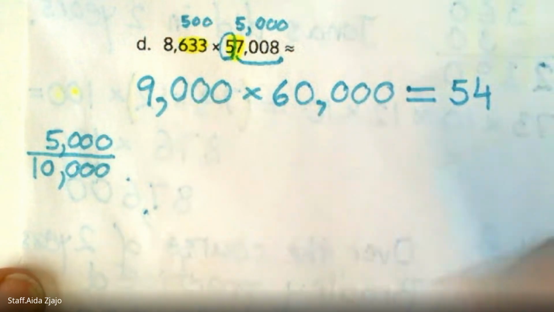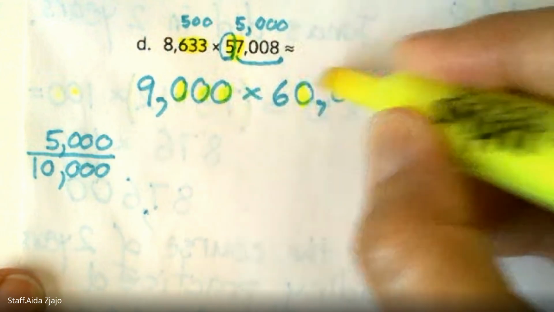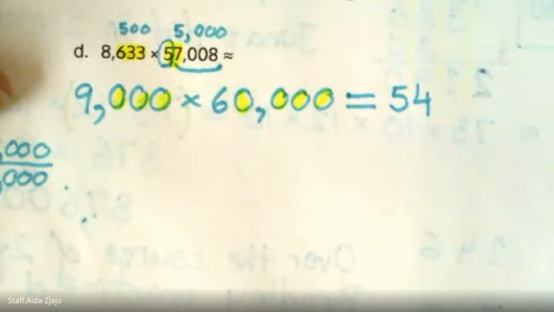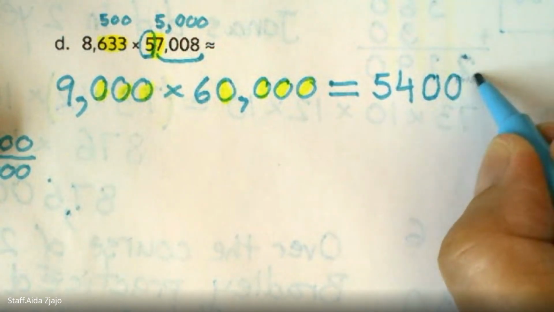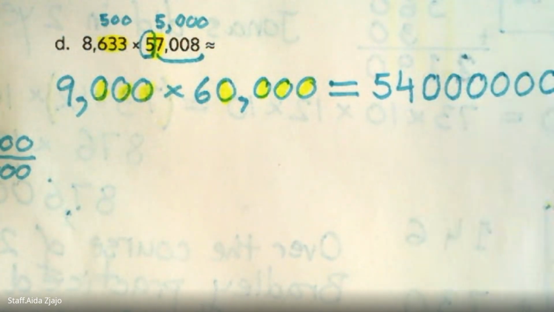And then I need to add 1, 2, 3, 4, 5, 6, 7 zeros. So I'm going to go and add zeros. 1, 2, 3, 4, 5, 6, 7.